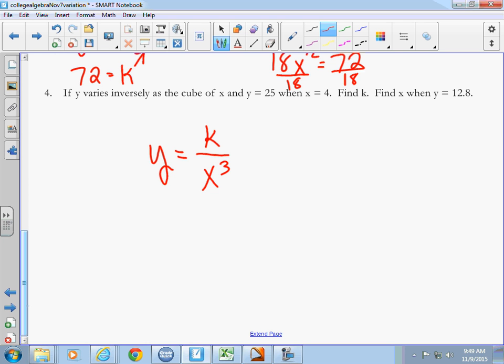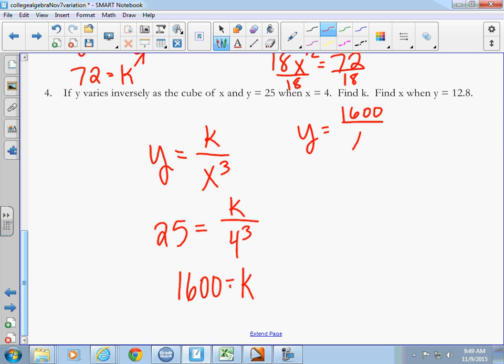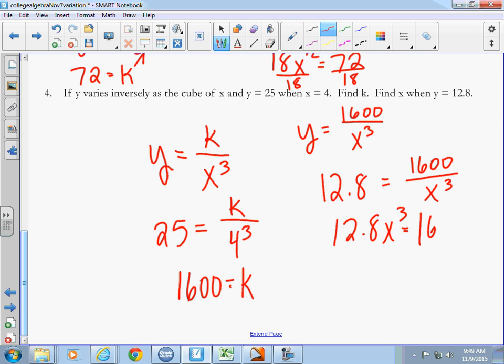Okay, x is 4, y is 25. The cube of 4 is 64. 64 times 25, we're just going to say that's 1600. And so y equals 1600 over x cubed. 12.8 is the y value. 12.8x cubed equals 1600.